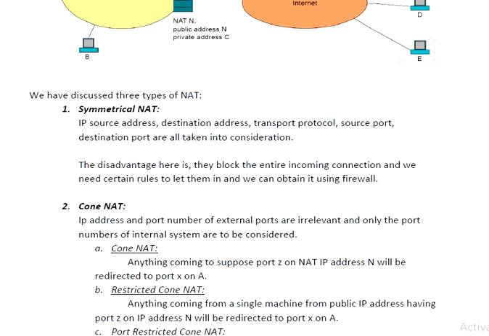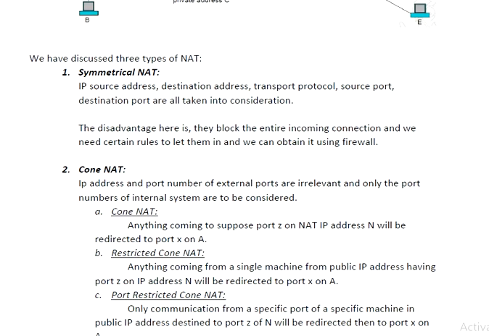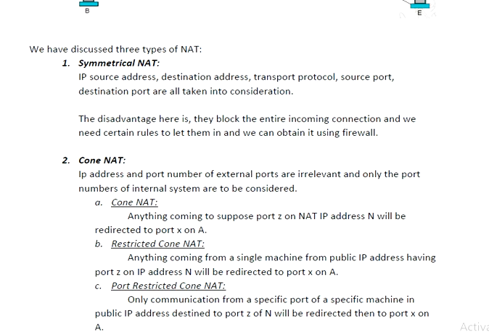This is how the process works, and there are three types of NAT. One of the most important is called symmetric NAT, where the IP source address, destination address, transport protocol, source port, and destination port are all taken into account.